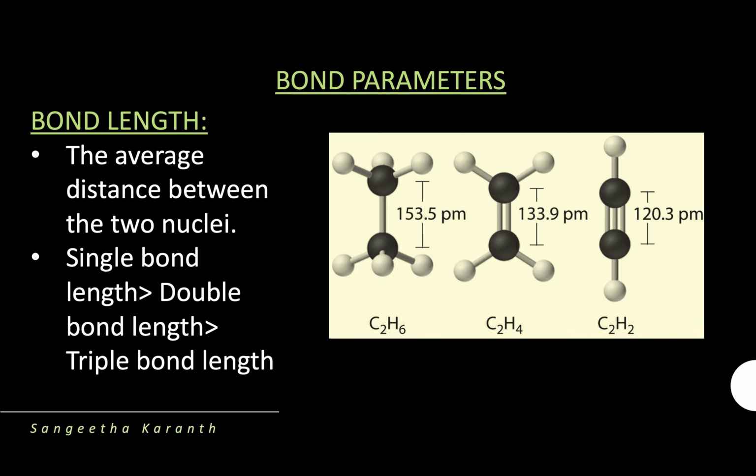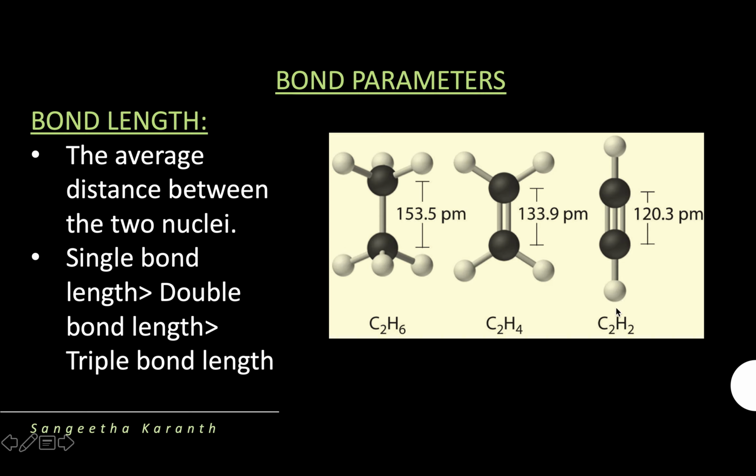Let us take this simple example. Here we have C2H6, which has only a single bond between the two carbons. Here the bond length is 153.5 picometer. C2H4, which has a double bond between two carbon atoms, has a bond length of 133.9, which is lesser than the C to C single bond.